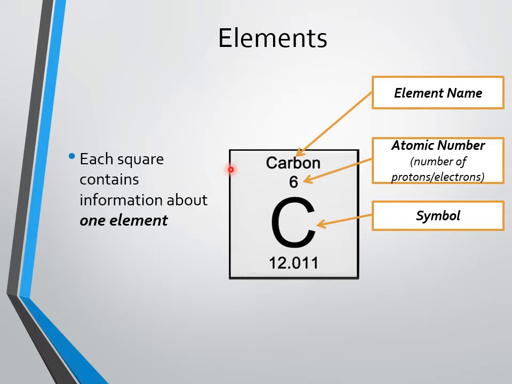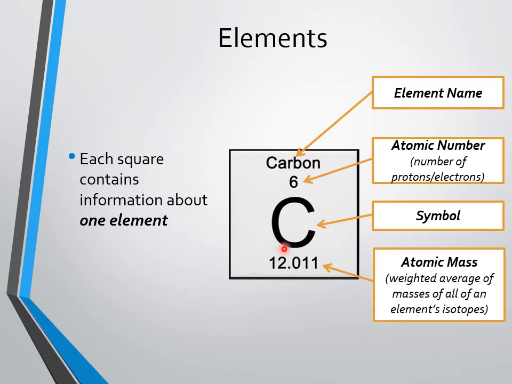Most of the time, sometimes it's odd just because of the scientific name, but for carbon it's just C. And then we have the atomic mass. So that's the mass that includes all of the element's isotopes. So it's the weight of the protons, neutrons, and electrons.